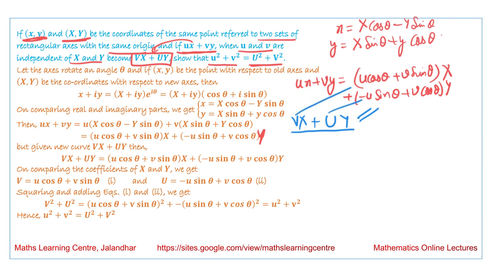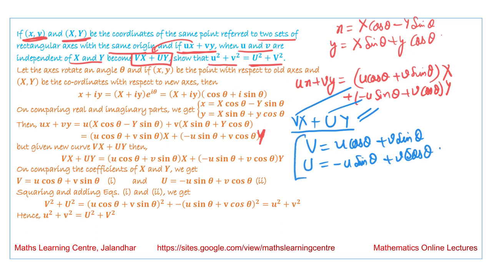On comparing the coefficients, we obtain V is equal to u cos theta plus v sin theta, and U is equal to minus u sin theta plus v cos theta. So, we have these two equations. Now, from these two equations, if we calculate the value of V square plus U square, the answer we obtain is u square cos square theta plus v square sin square theta plus 2uv sin theta cos theta.